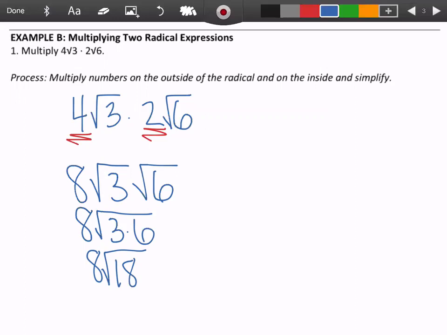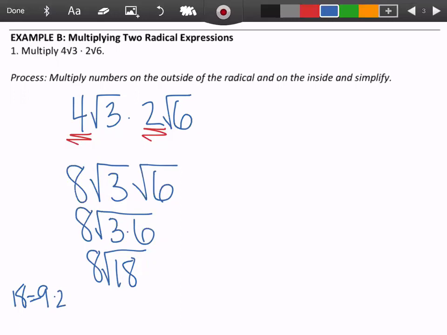18 is not in simplest form because there is a perfect square that divides into 18. If we think of the factors of 18, we could break it down. 18 has factors of 9 times 2.